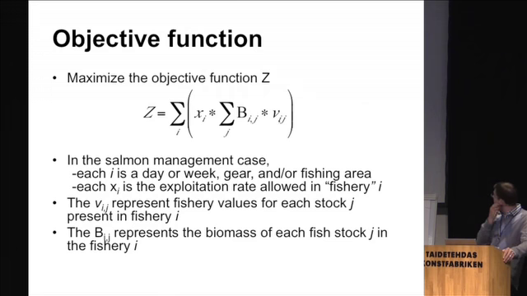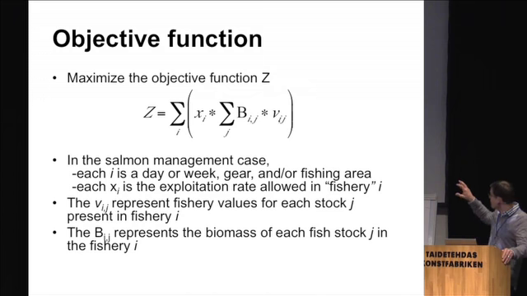So, a quick math slide. I want to mention the objective function. In order to employ a linear program, you need an objective function. In this case, I'm trying to maximize the value of the harvest.